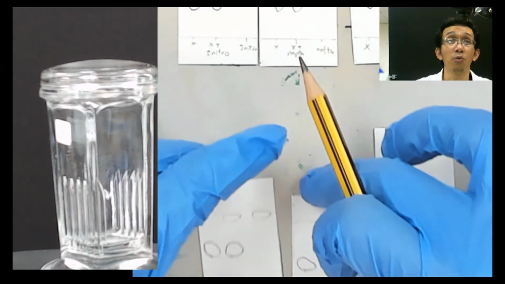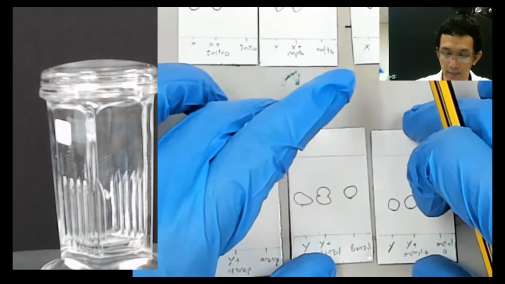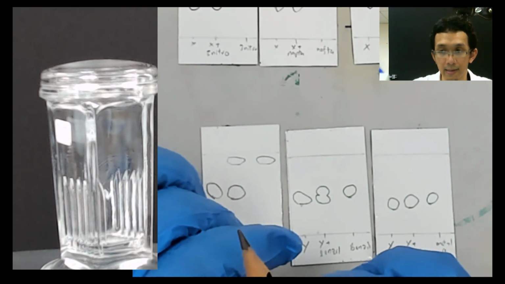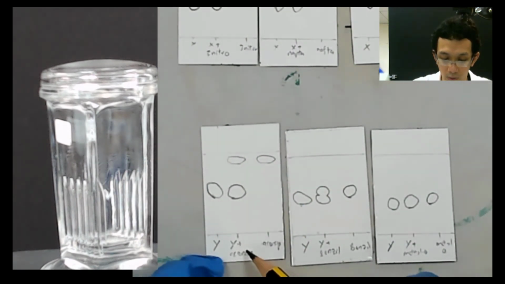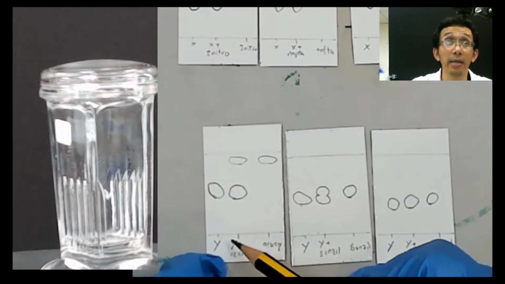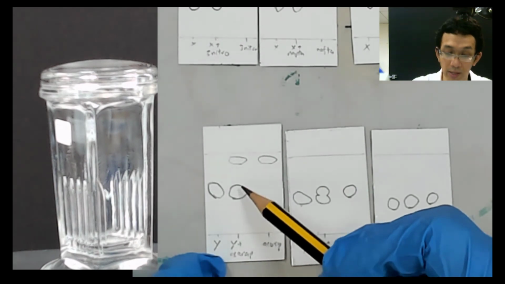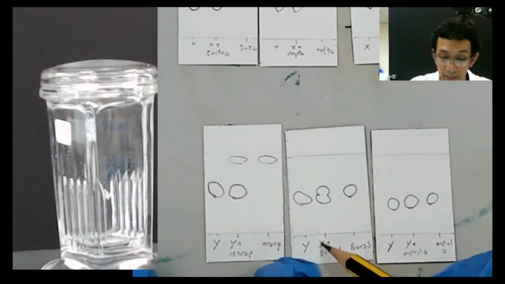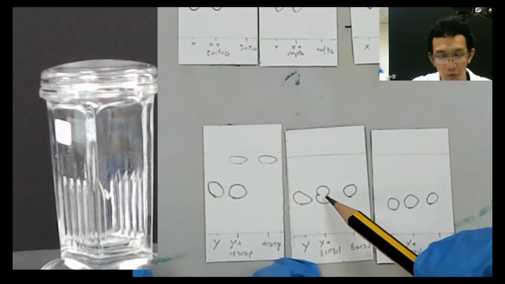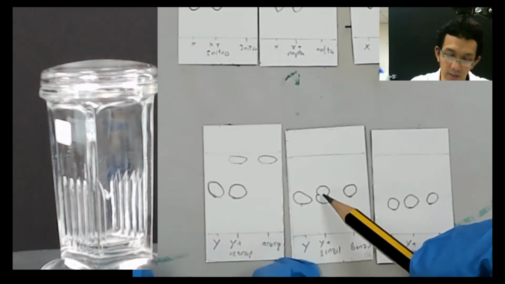So that's how you do identification using TLC. If you look here, the Y here with the acenaphthylene here, because we combine in the middle here, it will separate into two. Here, we combine in the middle, it will separate also, although it's not separating too much here.